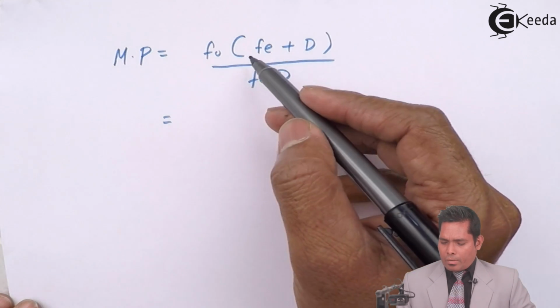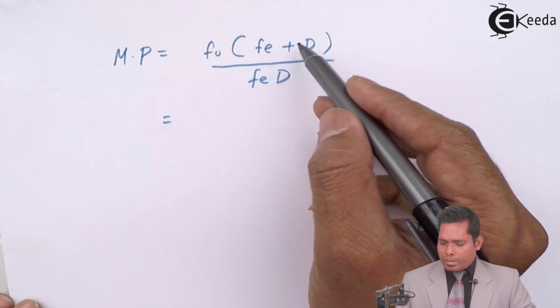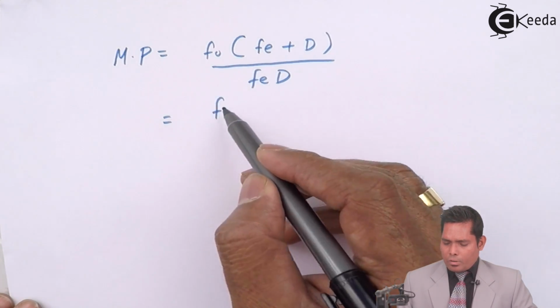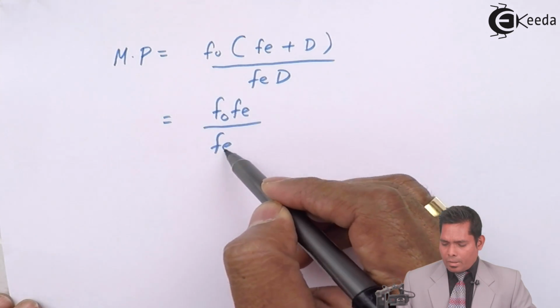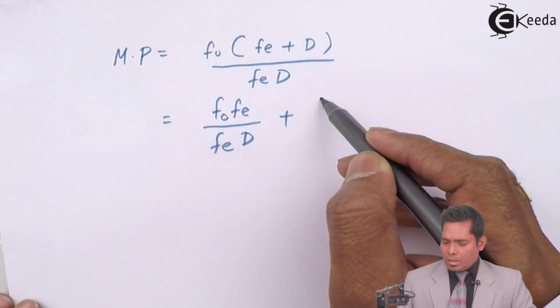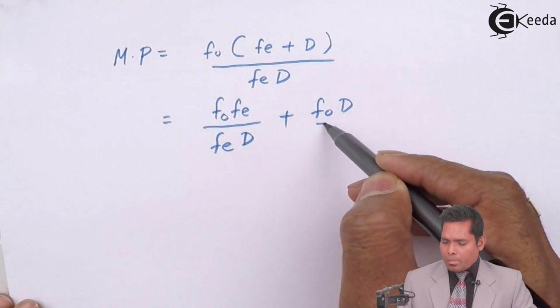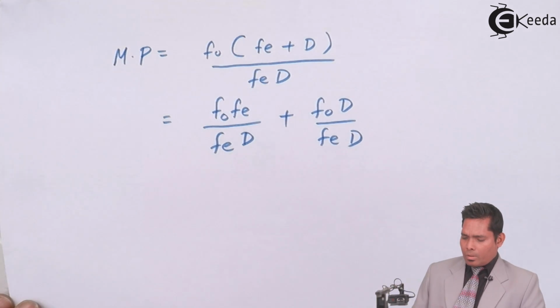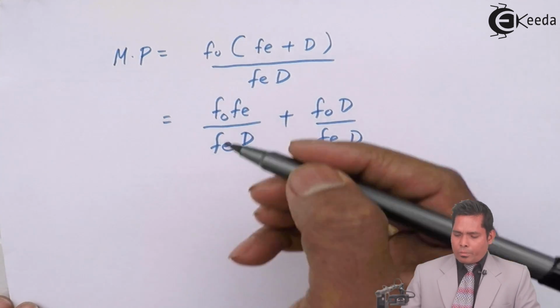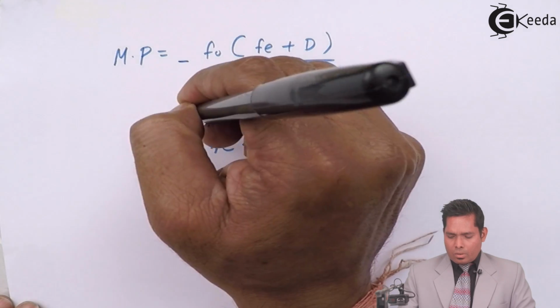So again I will take this inside and separate. The first term will become FO FE by FE D plus FO D by FE D, with sign convention. No problem with that.